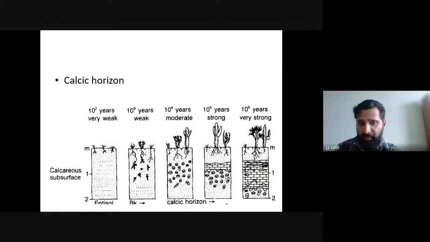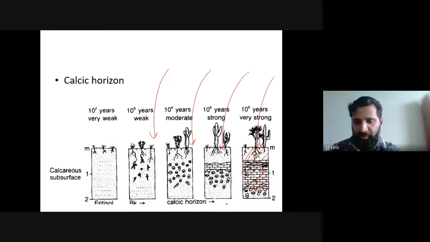This is quite interesting because we can see all these conditions in the field. And if you are studying an area, maybe you can see different soils in different stages. So you can understand that, okay, I have some soil that presents a thick calcic horizon.